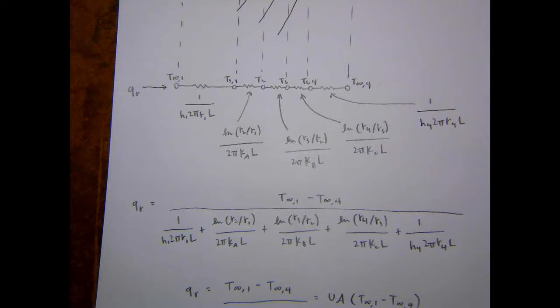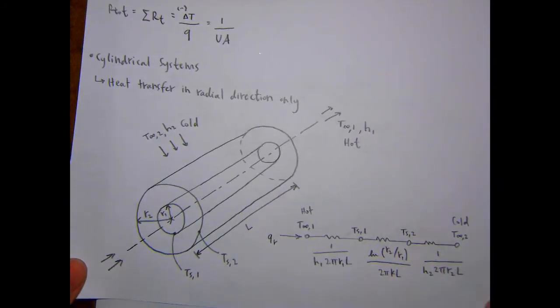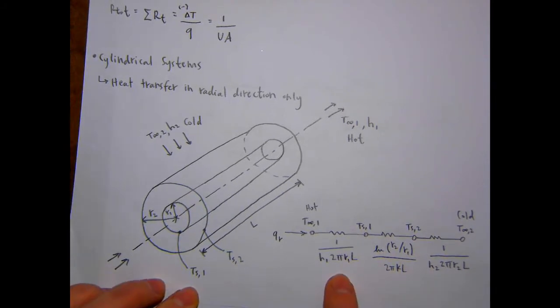Maybe you touched on this already, but the reason for not including the convection heat transfer rate in the first example. Was it this one that you're talking about? Yeah? So we included convection on the inside and outside here.